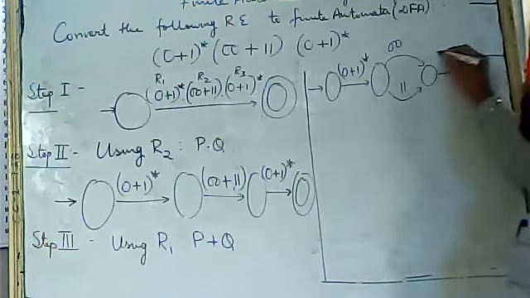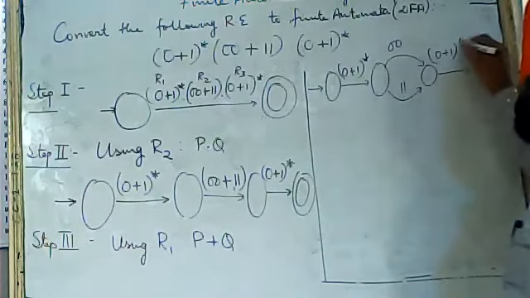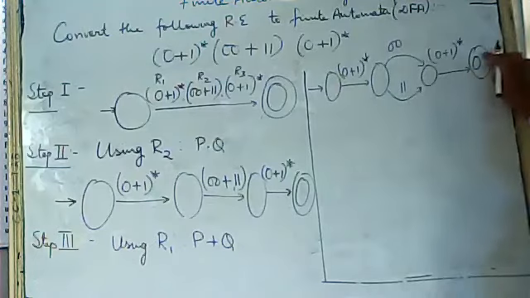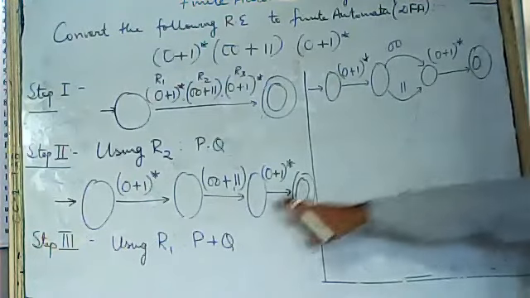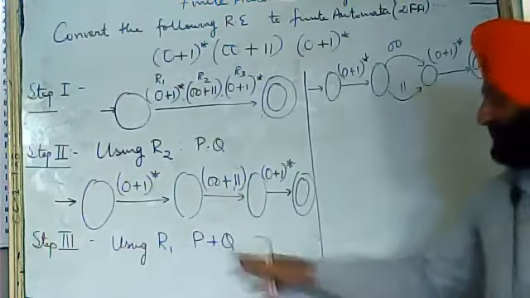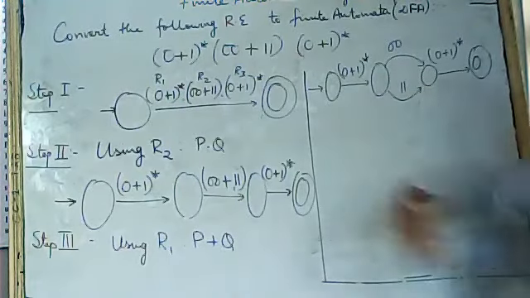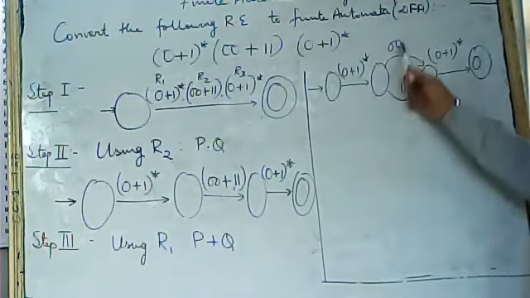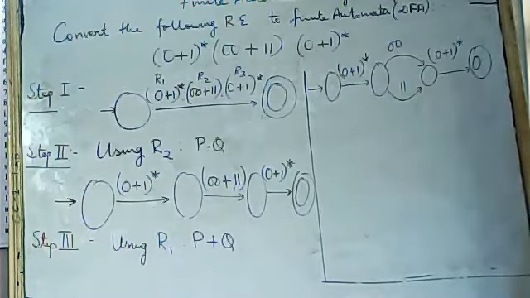Here I have applied it to 00 plus 11, which is according to P plus Q. You have two ways for going to the next state: 00 or 11, right?